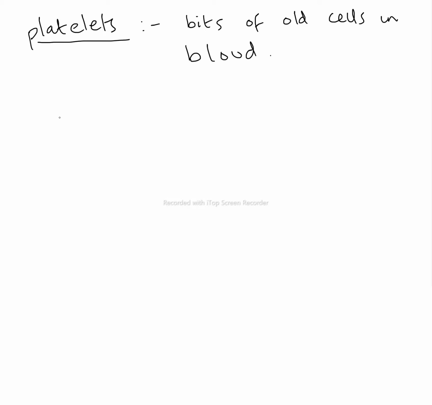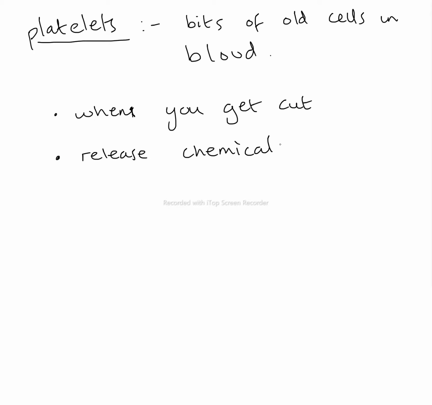So what happens is when you get a cut and you start bleeding, these platelets release chemicals, and this is all you need to know for now. Release chemicals that help blood clot.